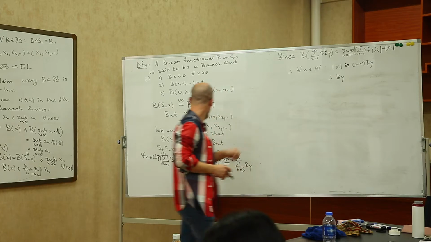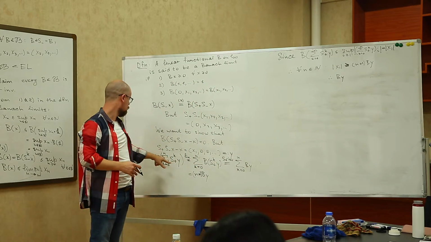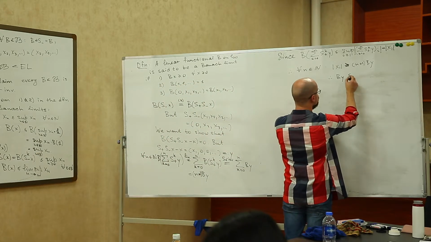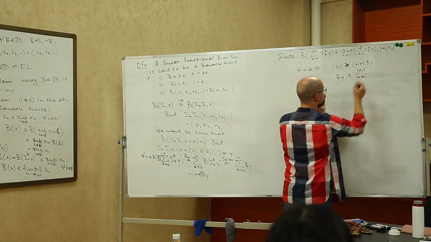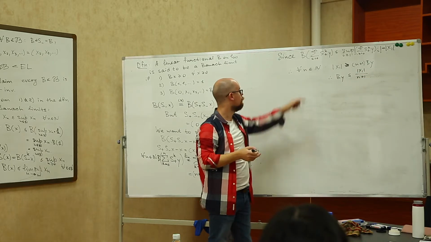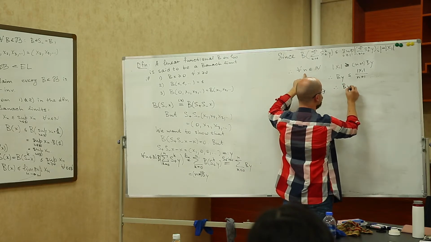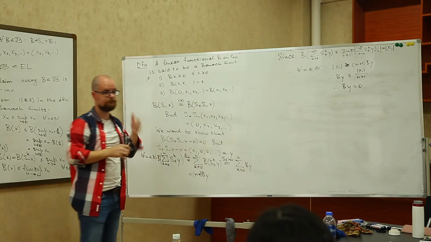We have an inequality here. So this one is less than the absolute value of x1. Therefore, the Banach limit of y is less than or equal to the absolute value of x1 over n plus 1 for every n. So the only way for b of y is to be 0.